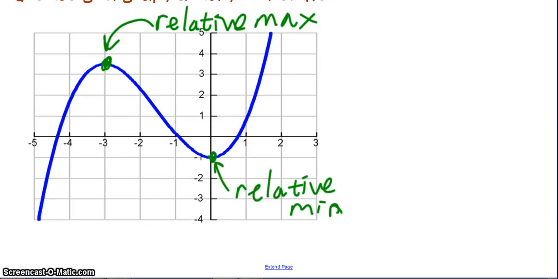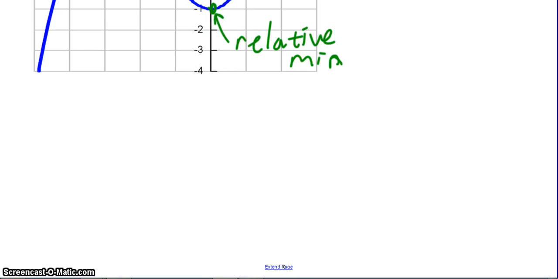So now the formal definition of increasing, decreasing, and constant.